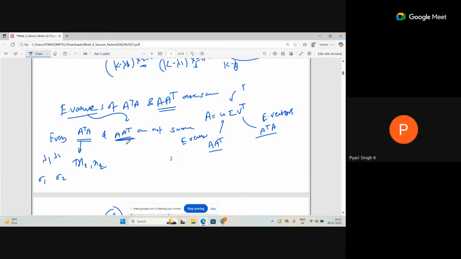If I have the eigenvectors for A transpose A and these singular values, there is another method. Let's say y1 and y2 are the eigenvectors for A transpose. Then y1 is 1 upon sigma 1 times A x1, and y2 is 1 upon sigma 2 times A x2. This is also a way.